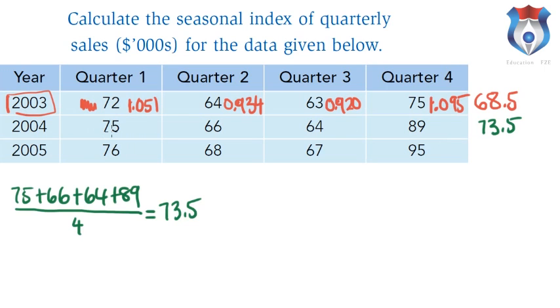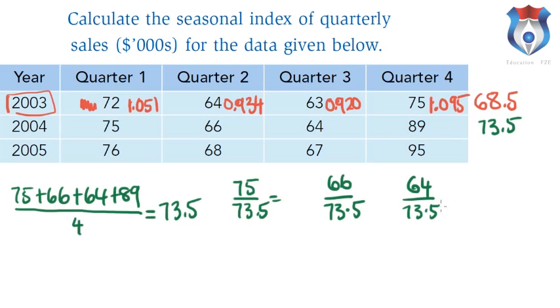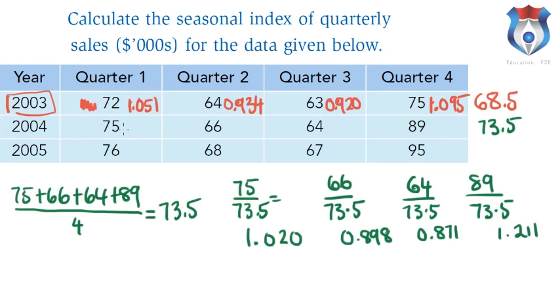Now let's figure out some yearly proportions for these 2004 figures. So 75 divided by 73.5 and 66 divided by 73.5 and 64 divided by 73.5 and 89 divided by 73.5 gives me, filling those in, 1.020, and now I have yearly proportions for 2004.